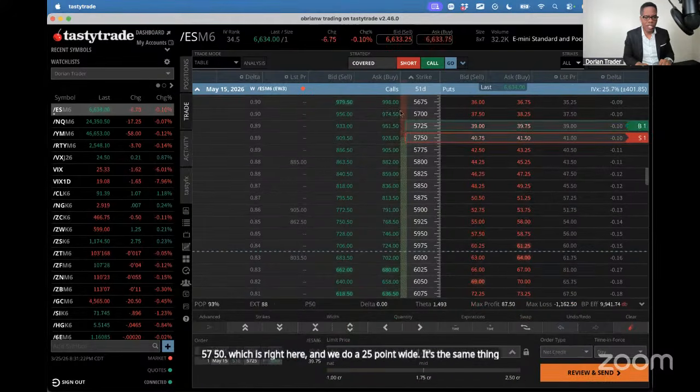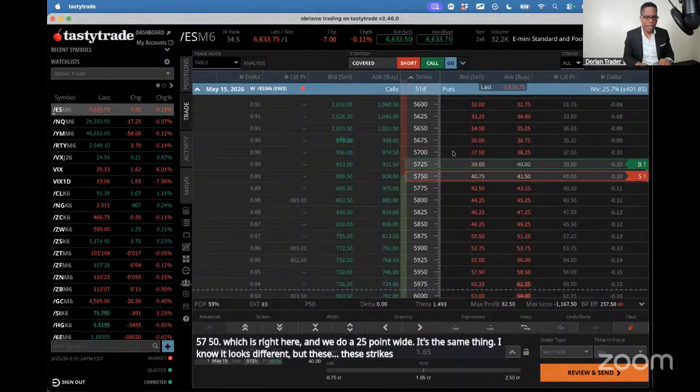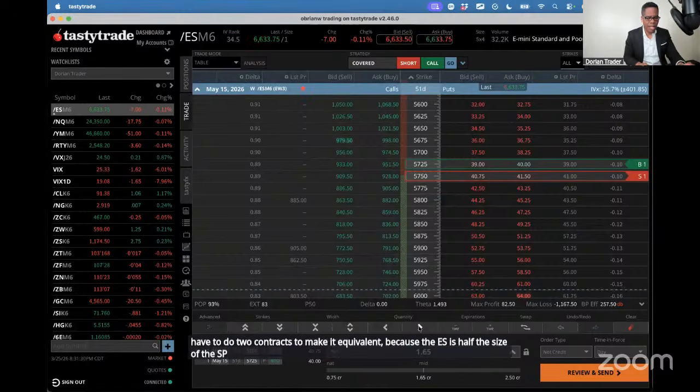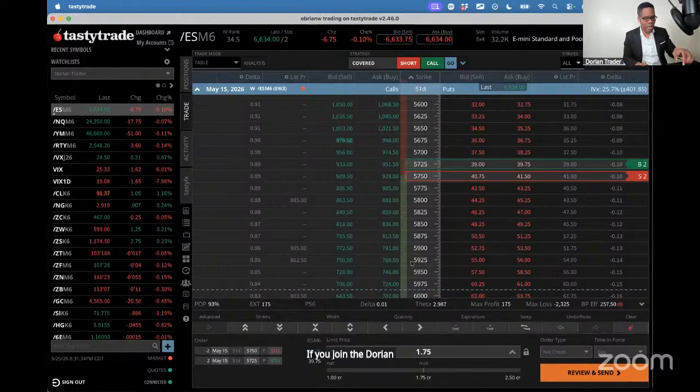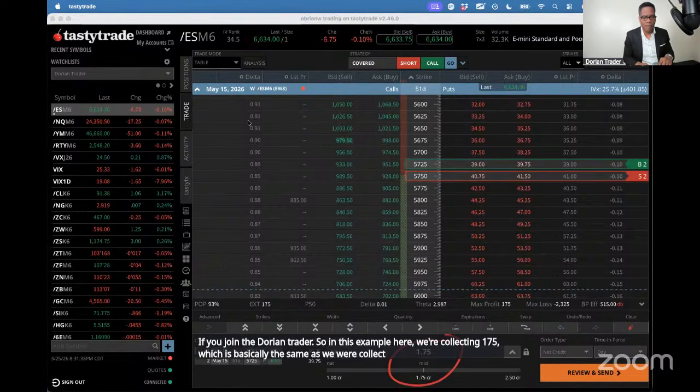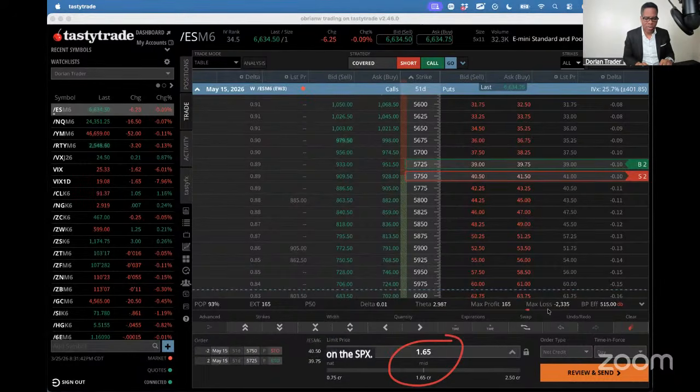I know it looks different, but these strikes are 25 points wide. You have to do two contracts to make it equivalent because the ES is half the size of the SPX. You'll learn all this if you join Dorian Trader. In this example, we're collecting 175, which is basically the same as we were collecting on the SPX. And the max loss is the same.